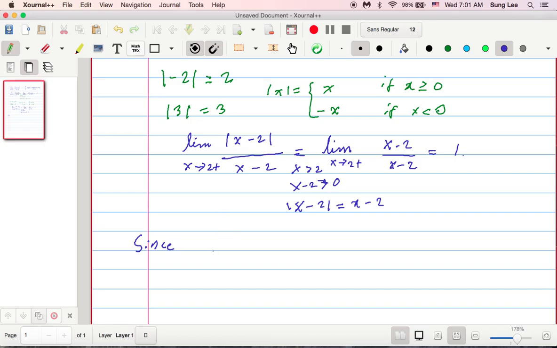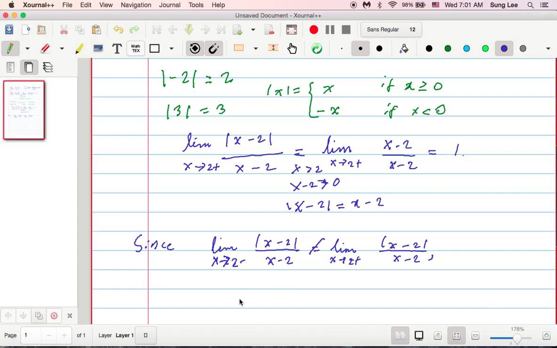Since the left-hand limit and the right-hand limit are not the same, what's the conclusion?